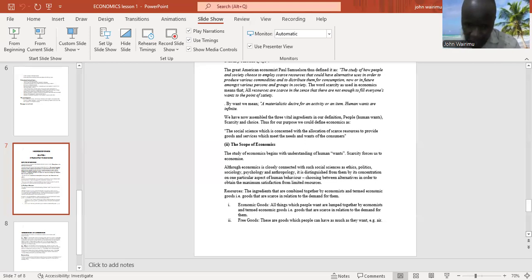That is, something of economic value is what we are calling an economic good. Then it is not available to everyone. It is scarce. Even when you want to get it, you have to plan well.